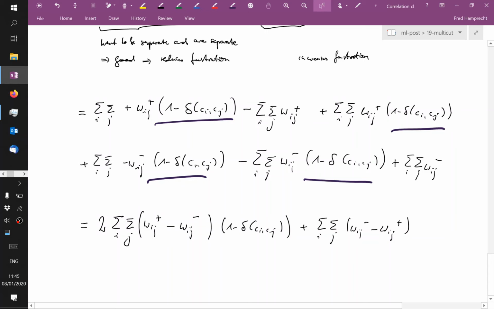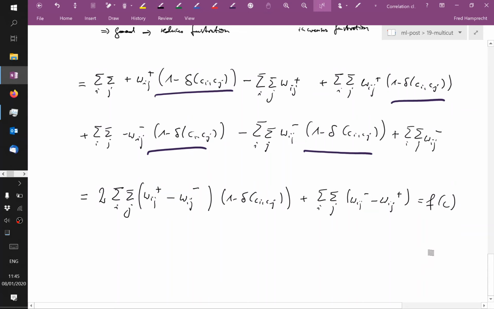All right, this is still my frustration as a function of my node labeling. But if my aim is to now optimize over the labeling, I have here a term which is independent of c, independent of my labeling. So I'm going to ignore it.